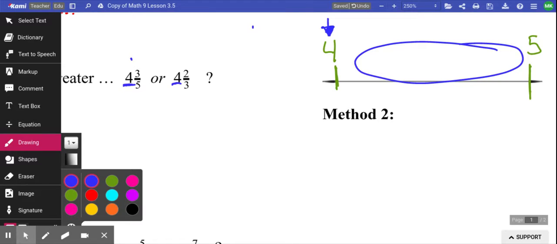And then it's plus 3/5. This one is 4 plus 2/3. Both of those fractions are less than 1. So my answer has to be somewhere between 4 and 5.